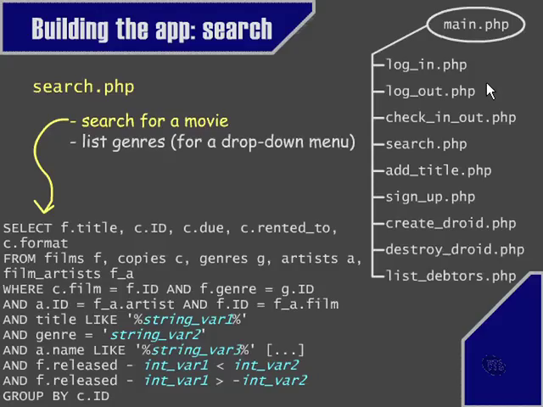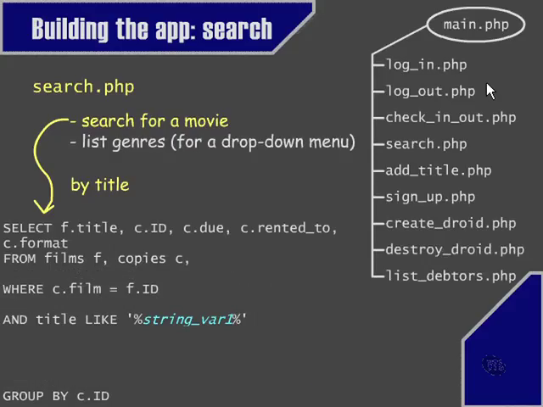So let's strip away the different parts and we'll see what different queries will be generated on the fly by our PHP script. If the customer asks to search by title, then the SQL query will search on the films table and the copies table.